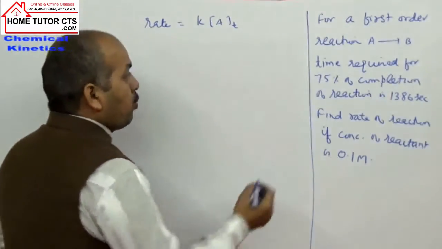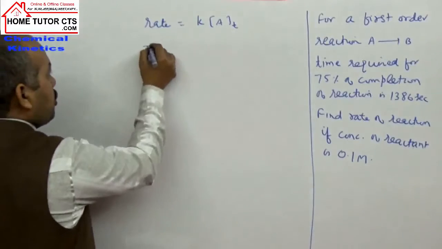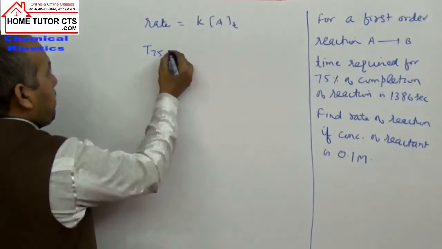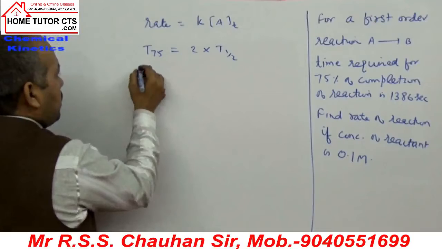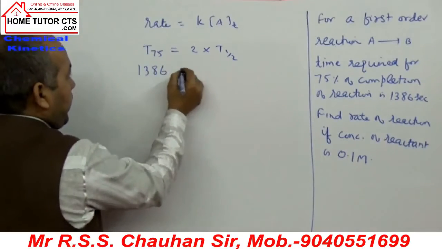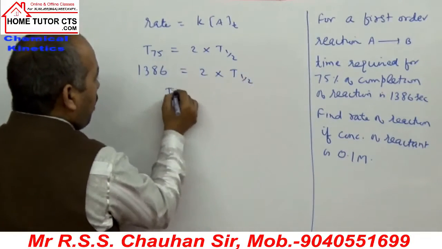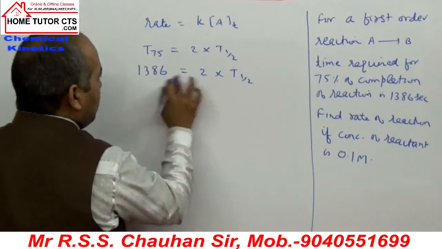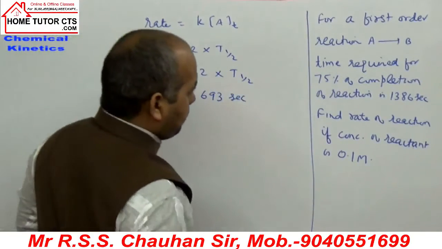आपको दिया है time required for 75% completion. So what is the relation of T75? It is twice the T half. What is this time? 1386 seconds. What is T half? आपका निकल जाएगा. So on solving, T half will come 1386 by 2, that is 693 seconds.